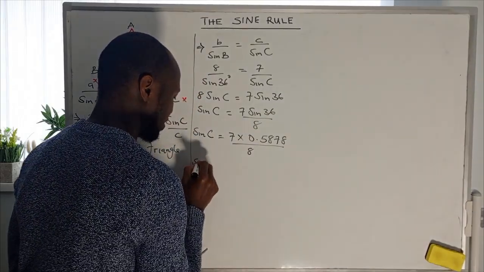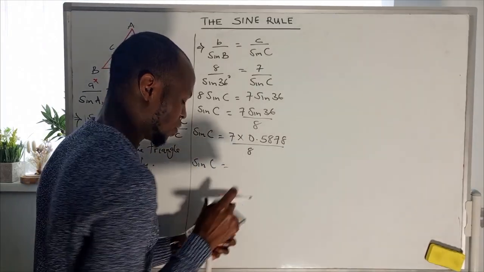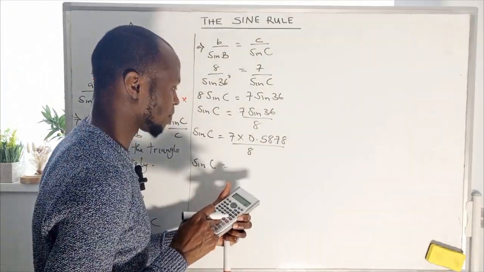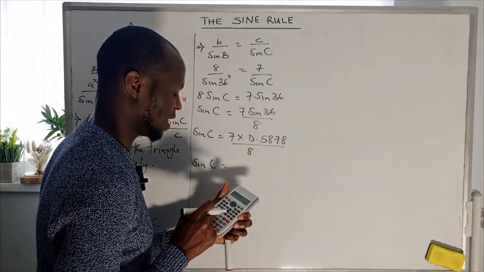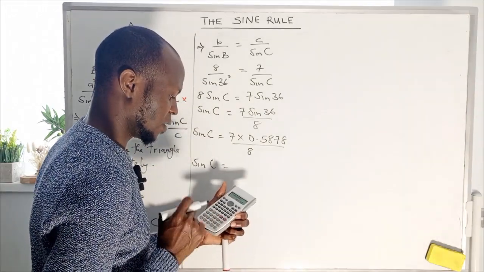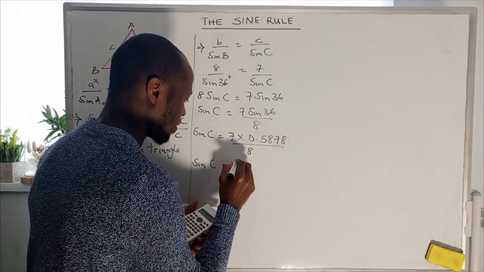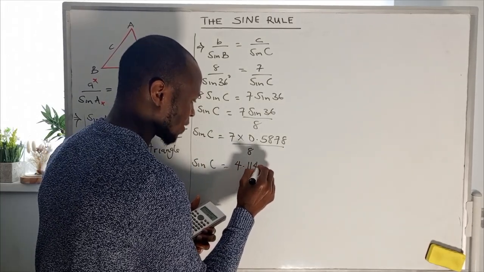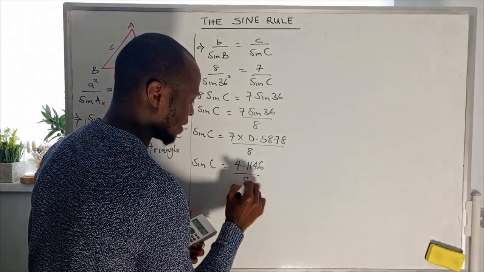So my sine C will now be equivalent to 7 multiplied by 0.5878, which gives you 4.1146 divided by 8.